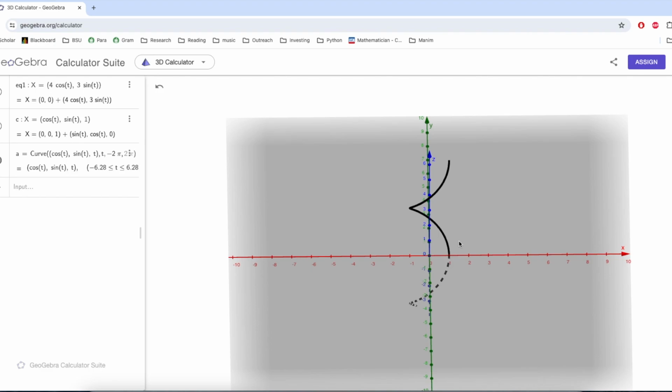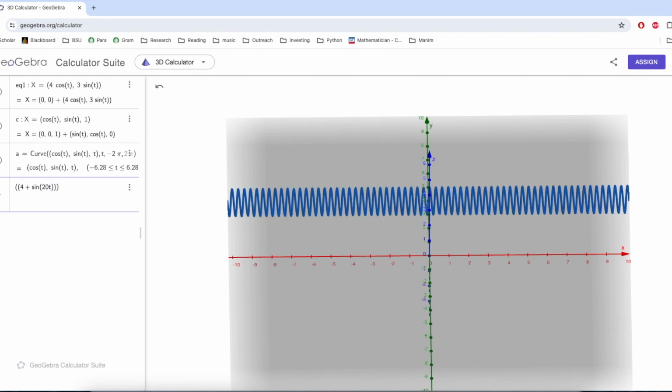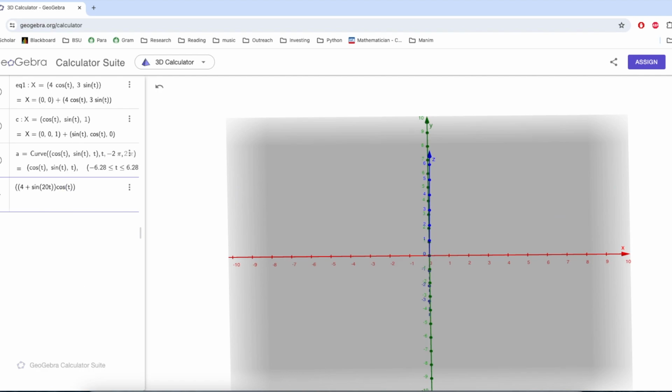And we also have one last example in the lecture notes, which is a toroidal spiral. The first component is 4 plus sine of 20t, all together multiplied with cosine of t.